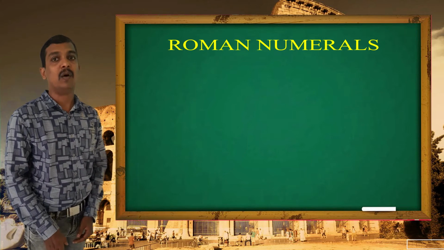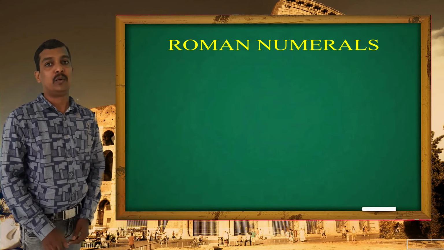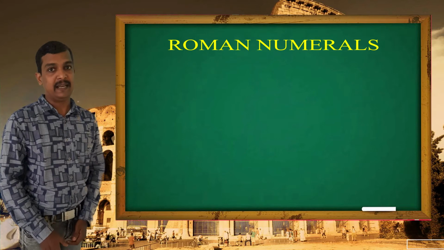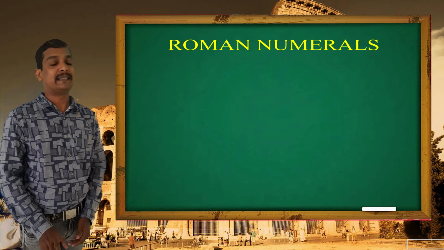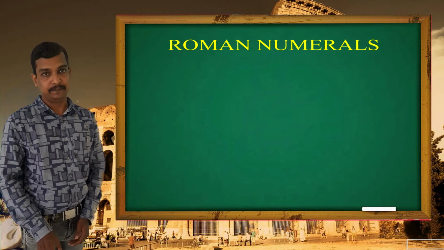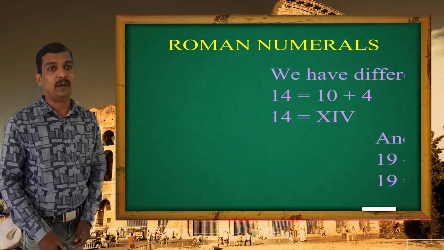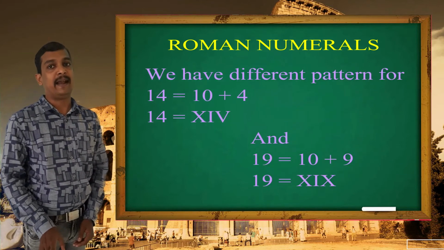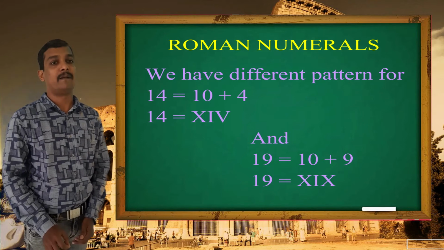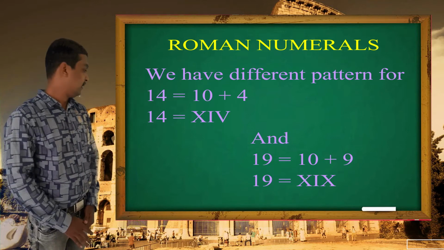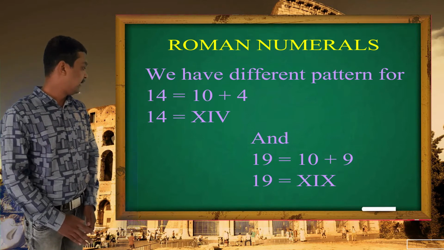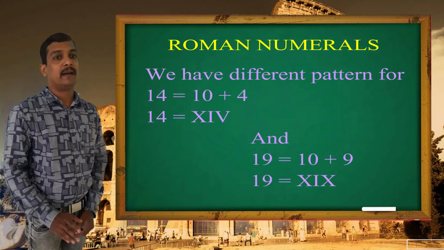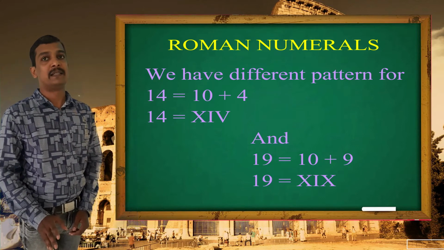Now we have learned 1 to 20 Roman numerals in line, except 14 and 19. There is a separate rule for 14 and 19. There is a separate pattern for 14 and 19. If we write 14, then we will cut it as 10 plus 4.